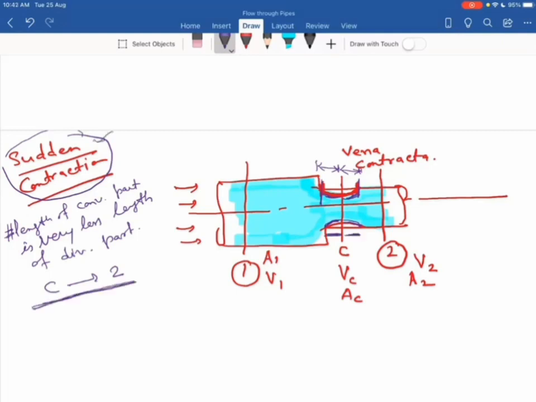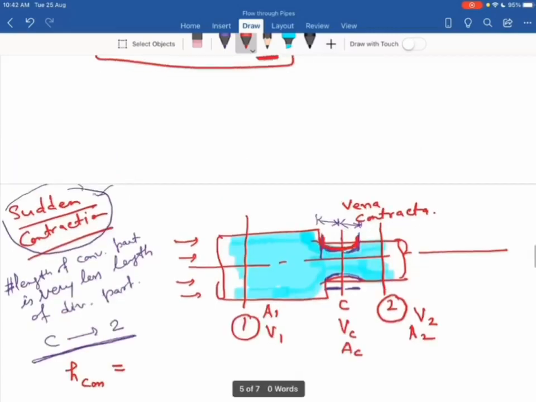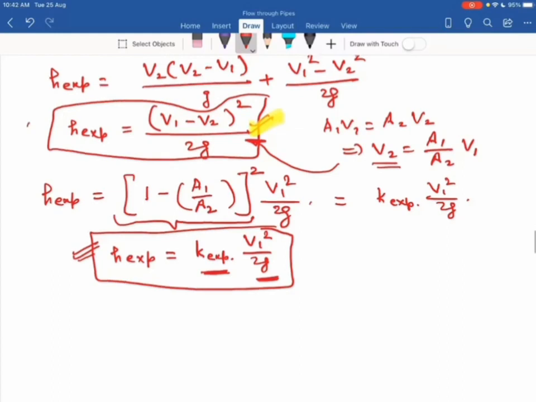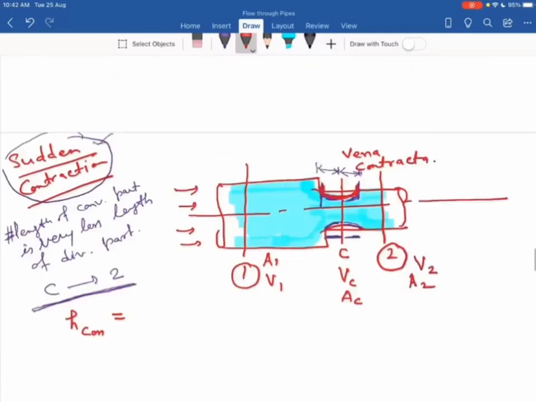So now I write the loss due to contraction as HCON. Now this loss is equal to, see the formula, V1, velocity at the start of expansion, so I write it as VC, minus V2 whole square divided by 2G.